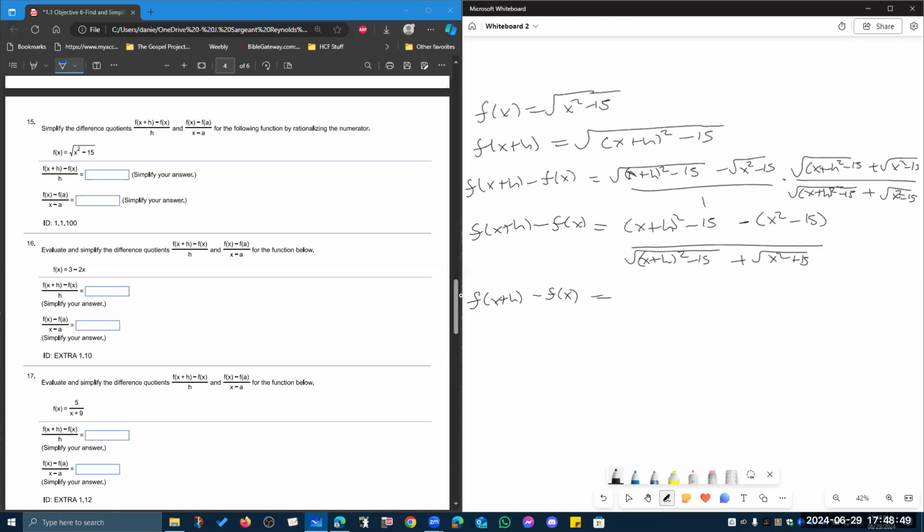But I need to simplify this so that I get an h in the numerator. So this is going to be x squared plus 2xh plus h squared minus 15 minus x squared plus 15, over root x plus h squared minus 15 plus root x squared minus 15. And x squared minus x squared is 0. 15 minus 15 is 0.